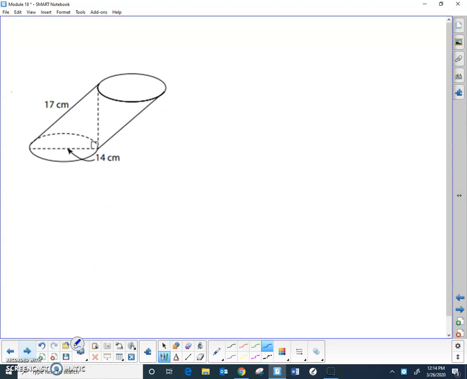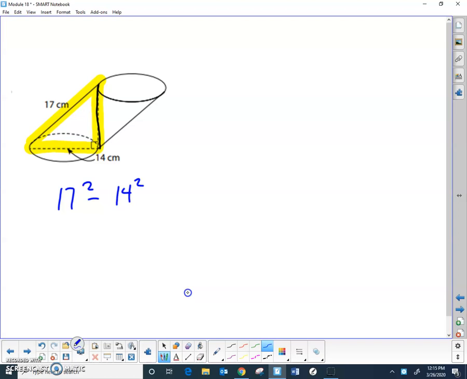Well, what happens when they're not given the height? I need this dimension, which I don't have, but what I do have is a right triangle with 2 measurements. So Pythagorean theorem: 17 squared minus 14 squared. 17 is our hypotenuse.